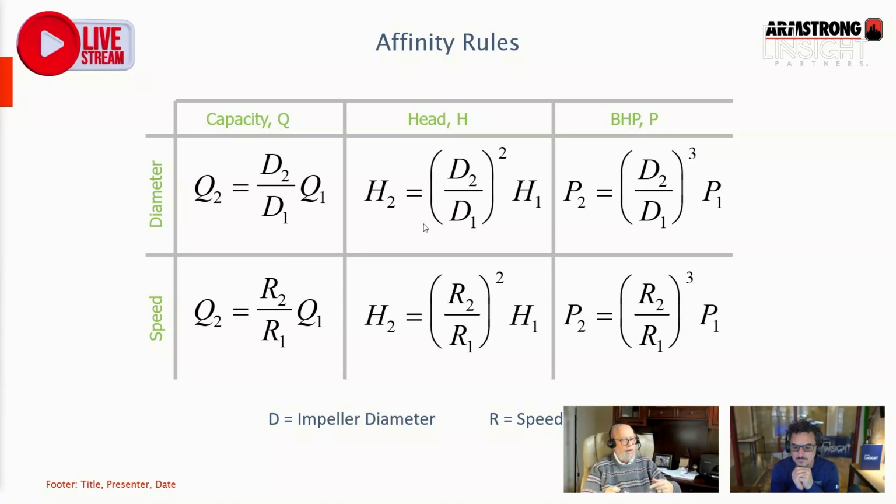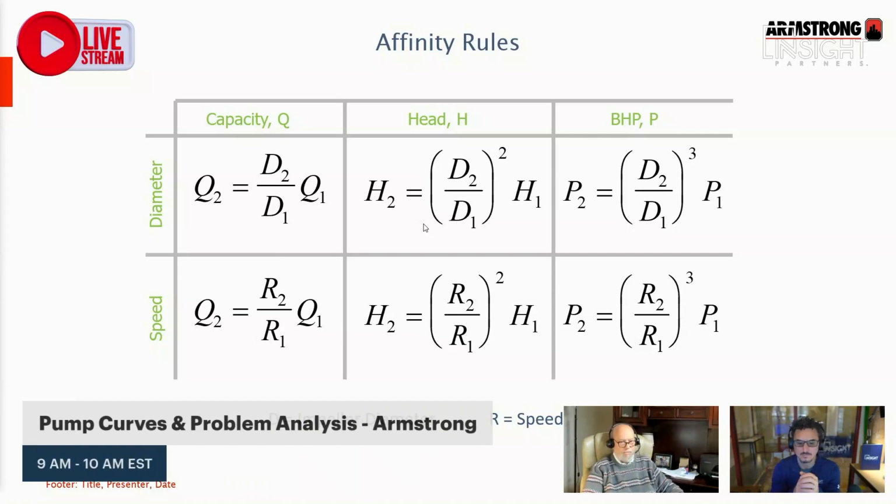Head moves as the square or the square root, depending on whether I'm going up or down in flow, okay? And brake horsepower, and this is why drives are so great, brake horsepower moves at the cube root, up or down. Okay, so if we design our pump for maximum speed, maximum flow, full power, as we drop the speed, power goes down by the cube root. So we get much, much lower input horsepower.